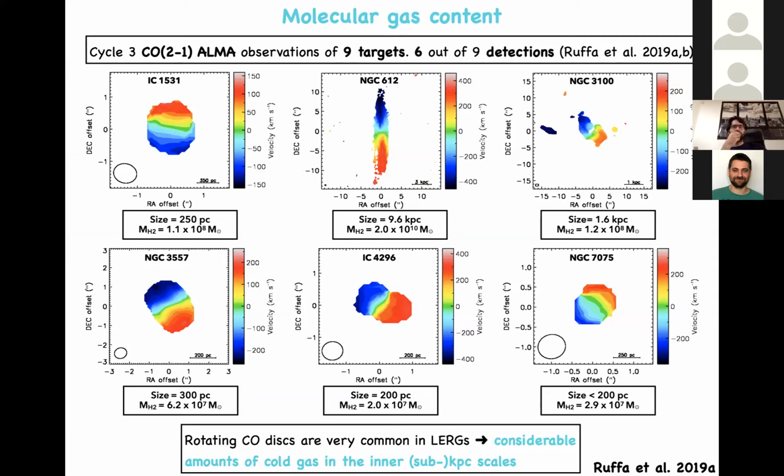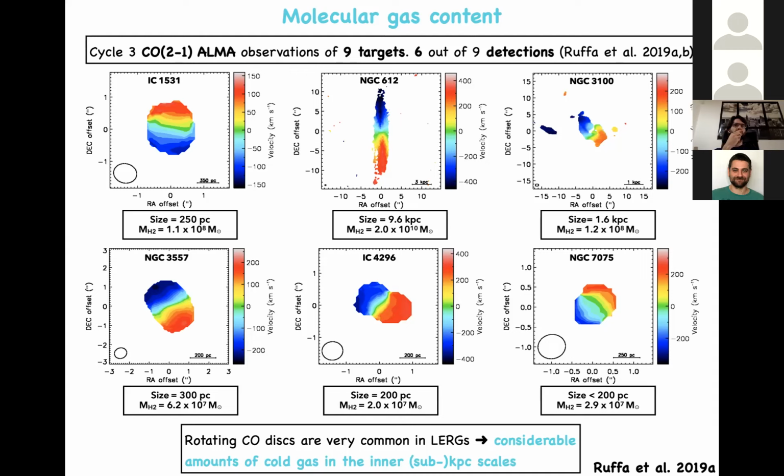As you can see, in all the cases we detect rotating CO disks or rings with sizes spanning from a few hundred parsecs to 10 kiloparsecs in the case of NGC 612, and molecular gas masses ranging from 10^7 to 10^10 solar masses.